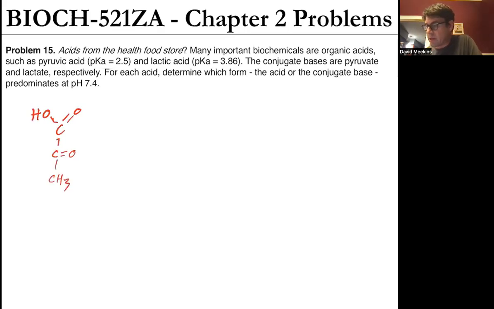This is obviously the protonated form, the acid form, and it's interchangeable, in a reversible reaction, with the deprotonated form. So this is the acid or protonated form of pyruvic acid.